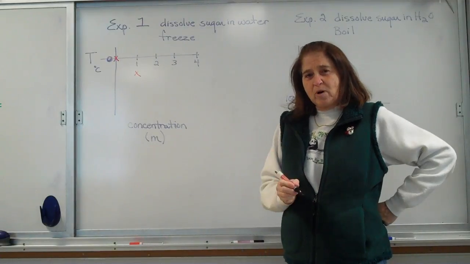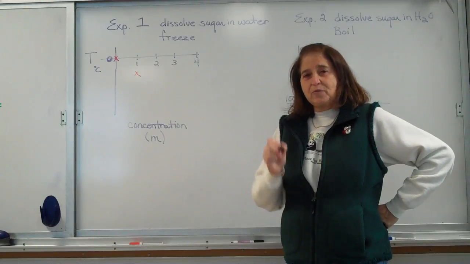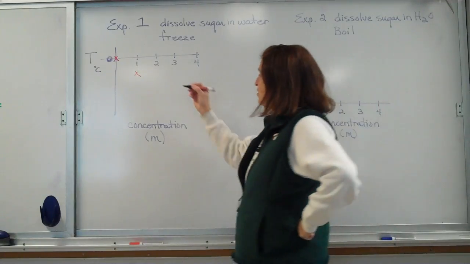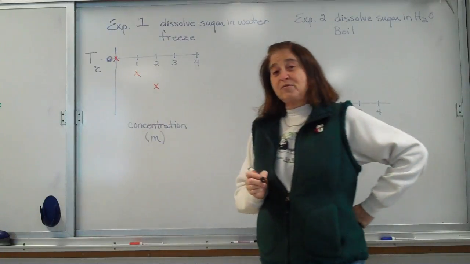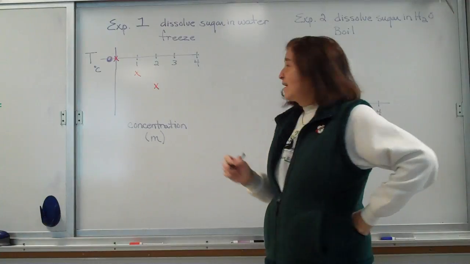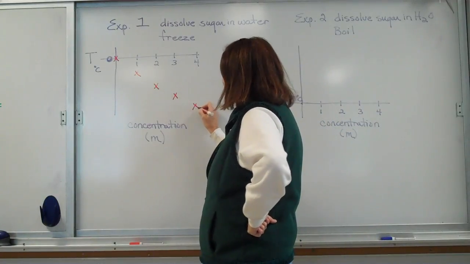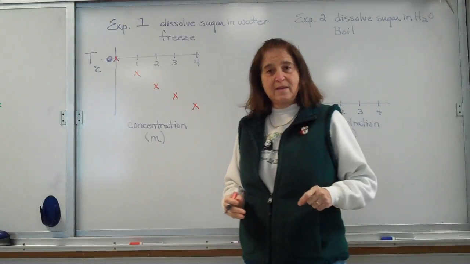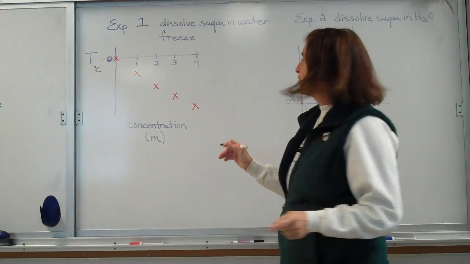So they add more glucose and dissolve it, freeze that solution, which is now 2 molal. The freezing point goes down. And this continues as they increase the concentration. They look at these points and think, I think there's a pattern here.